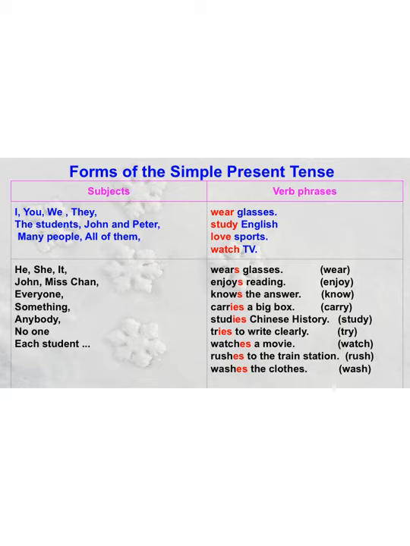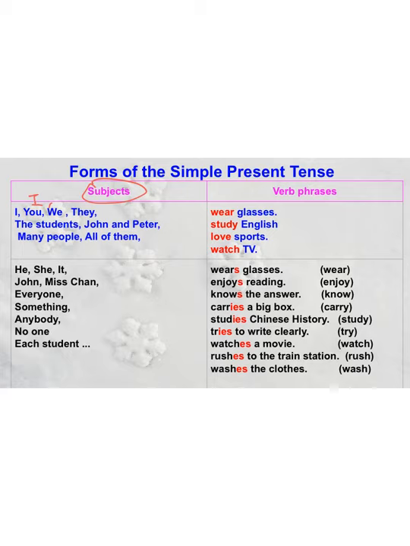We need to look at the subject of the sentence when we form the simple present tense. The subject is the boss. Basically, there are two types. Type 1 includes the subjects I, you, we, they, the students, John and Peter, many people, all of them.